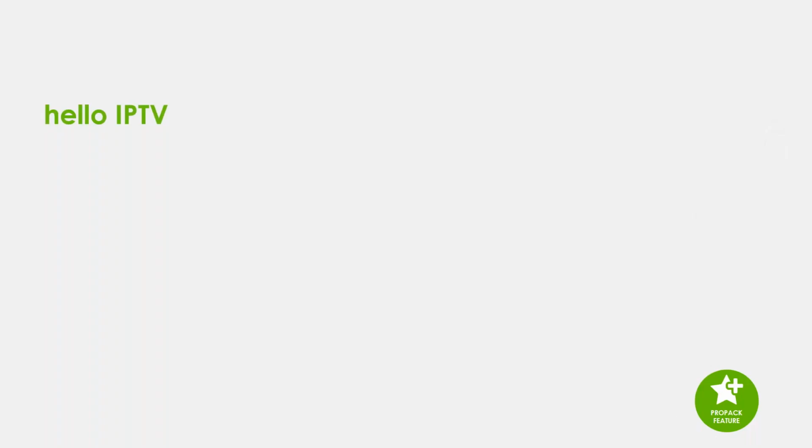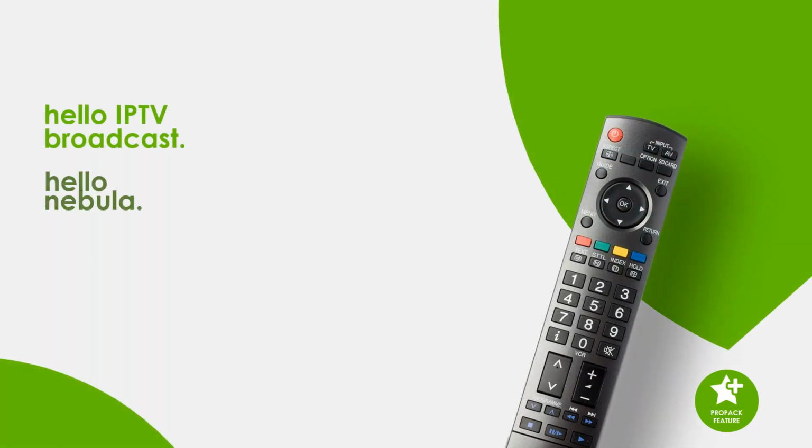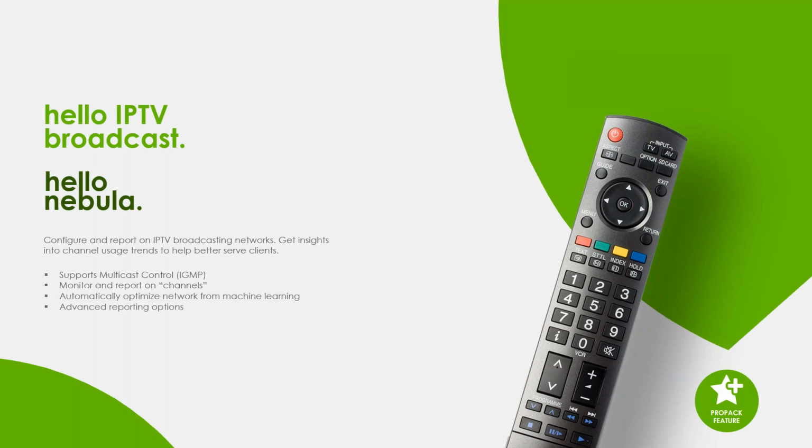Also, if you are working in hospitality and you want to do IPTV multicasting, then the advanced multicasting is only available when you have the ProPack feature installed. With the ProPack feature, you have additional multicast features and can do monitoring and reporting on the channels as well.